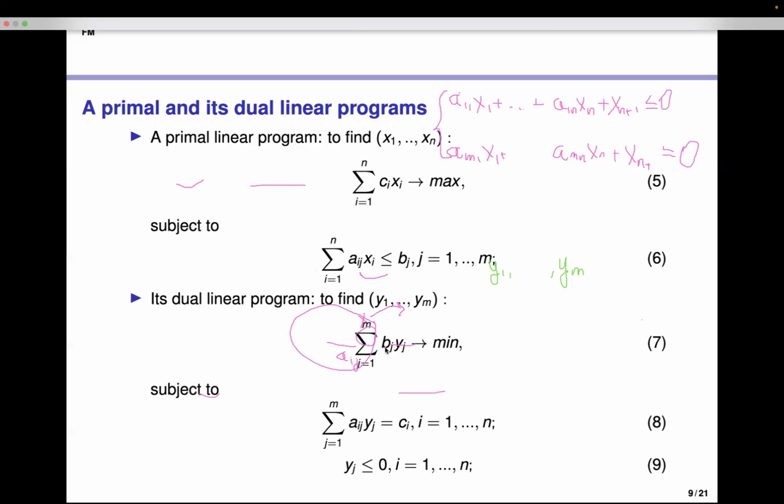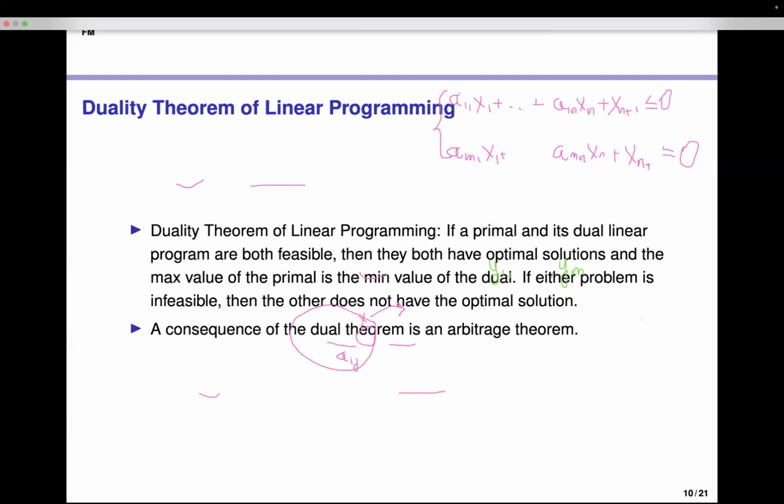It is like b, this coefficient we multiplied by y.